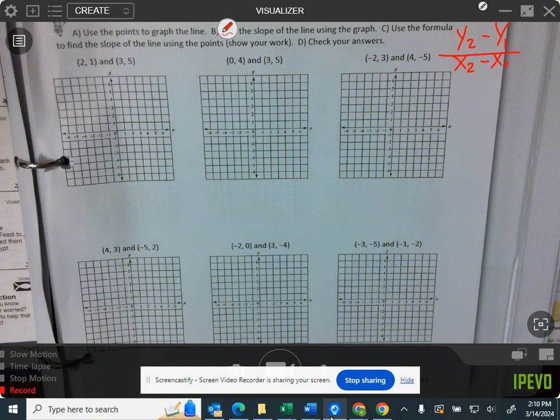So when we get our 2 ordered pairs, the first thing we do is we graph it. So I've got 2, 1, and then I have 3, 5. I draw my line. I draw the arrows because I know it keeps on going. The slope, it tells us what that incline is or decline to keep it moving across that coordinate plane. So that's my first one.